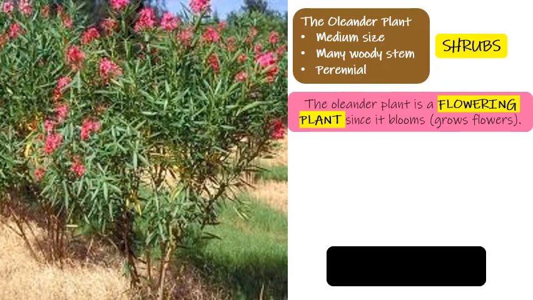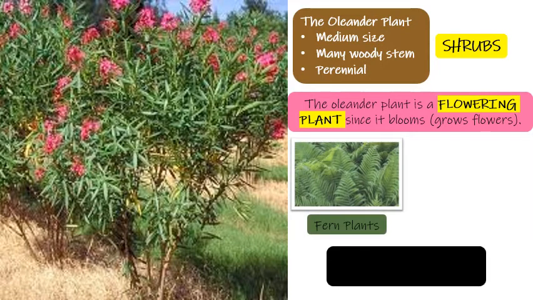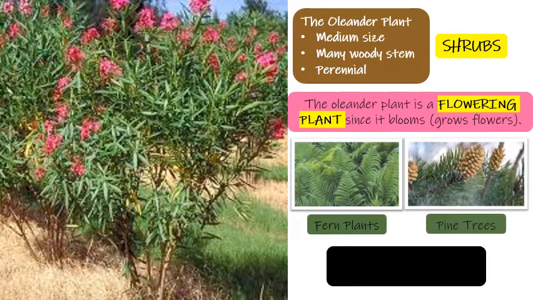The oleander plant is also classified as a flowering plant. Other plants like fern plants or the pine trees, they do not make flowers at all. They don't have flowers. They do not grow flowers. They don't bloom. So we consider them as non-flowering plants.